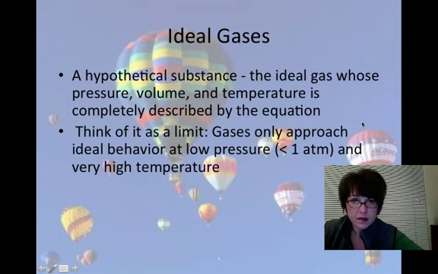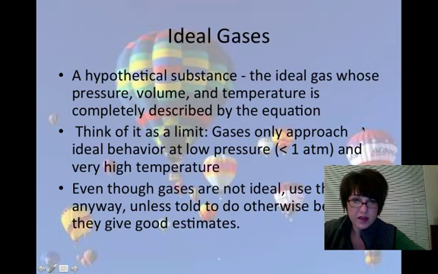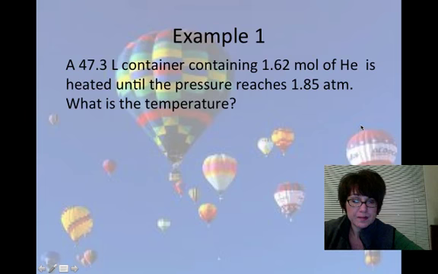So we know that gases approach ideal behavior, but they follow PIVNERT especially closely when the gas is at a low pressure or a high temperature, so the particles don't stick together very much. Even though most gases don't behave completely as an ideal gas, we use the laws anyway unless they tell us to do otherwise because they give us a good estimate.